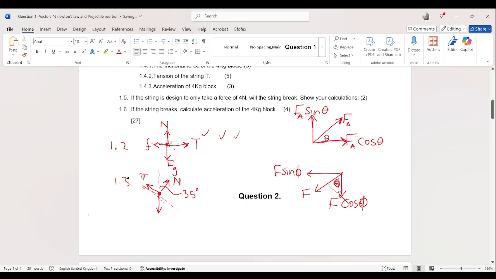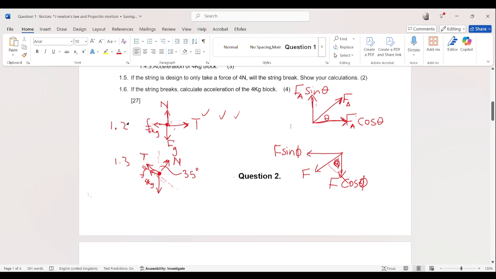The friction of 6 kg, and here we also have the frictional force of the 4 kg.